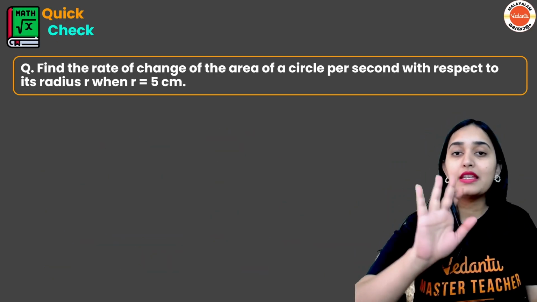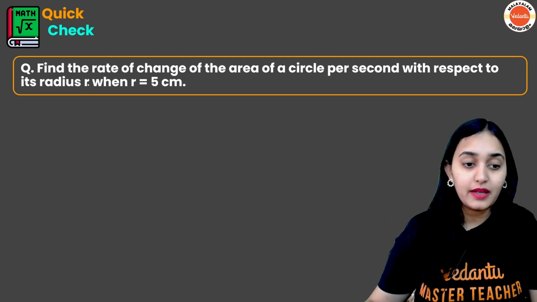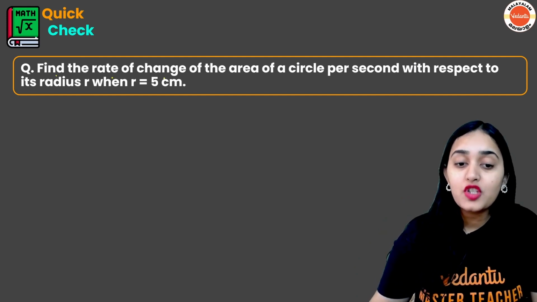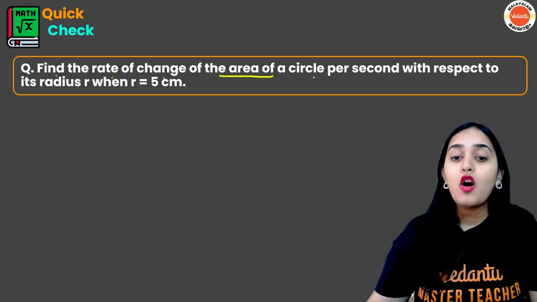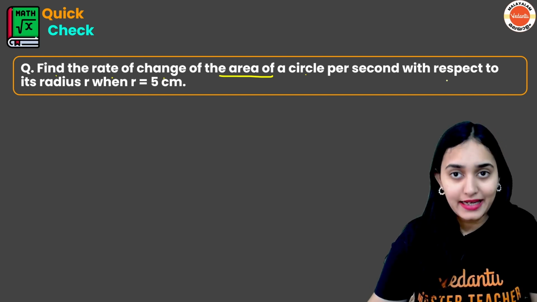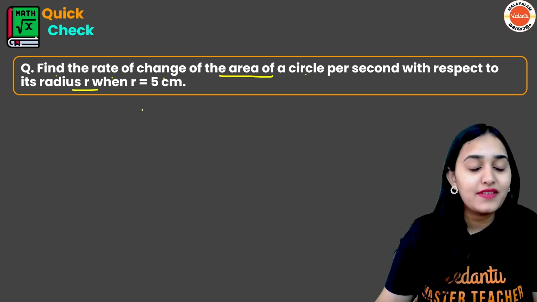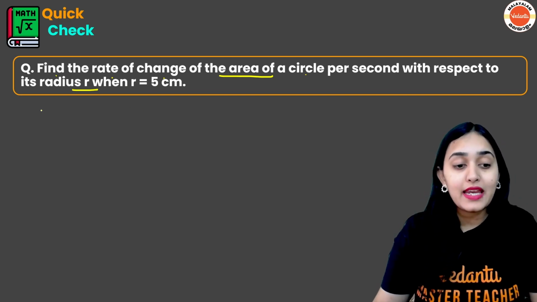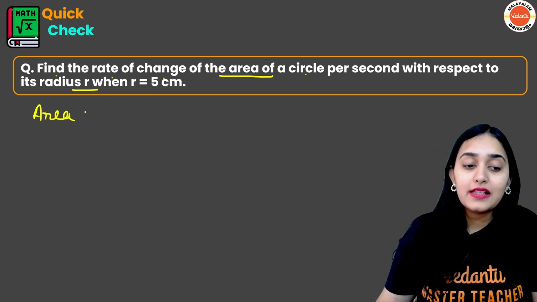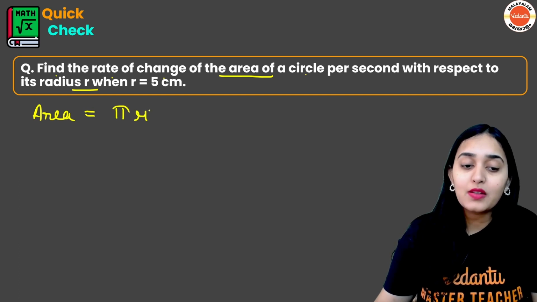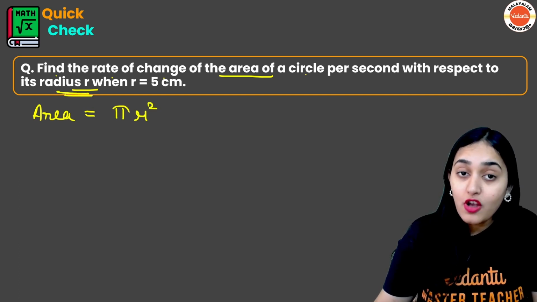Let me share a very simple example with you. Find the rate of change of area of a circle per second with respect to its radius when the radius is 5 centimeter. The area of a circle is pi r square, where r is the radius of the circle.